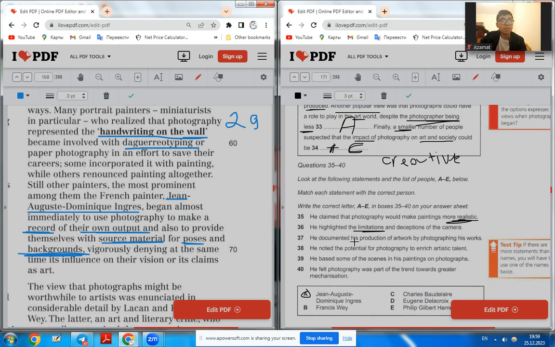He documented his production of artwork by photographing his works. Yeah, record of means documented. His own output means his own production. So the answer for question number 37 is A.